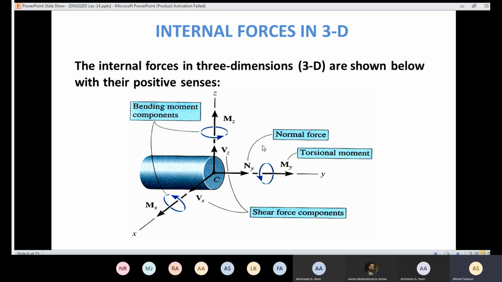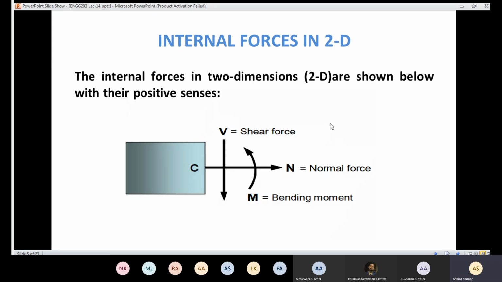And here we have the normal force, which is positive in this direction. And we are going to have a torsional moment about Y, a moment about Z, and a moment about X. So if you are going to solve a problem in 3D and take the left part, those are the positive senses.